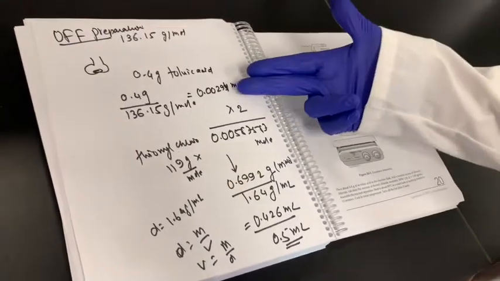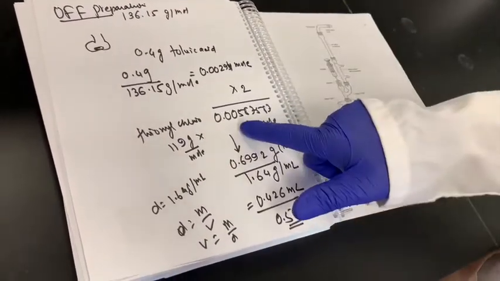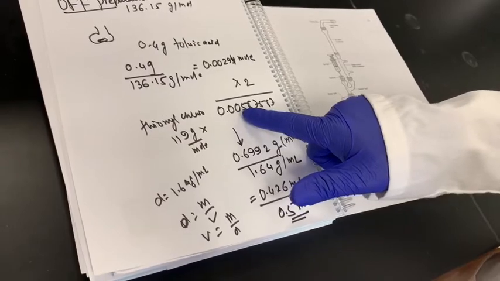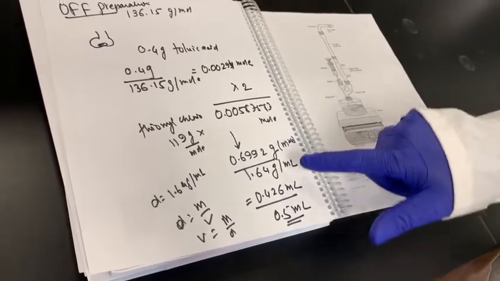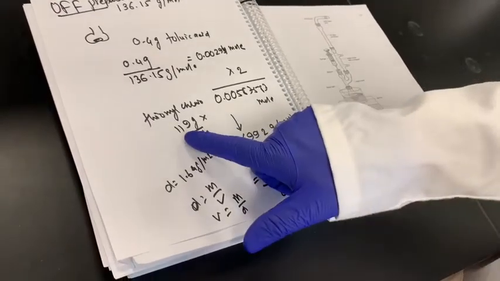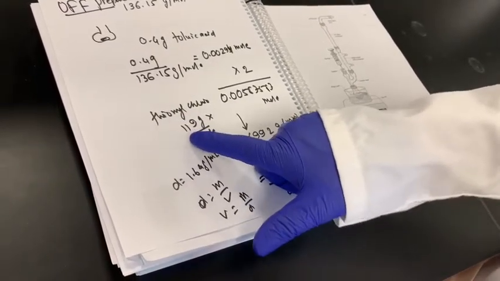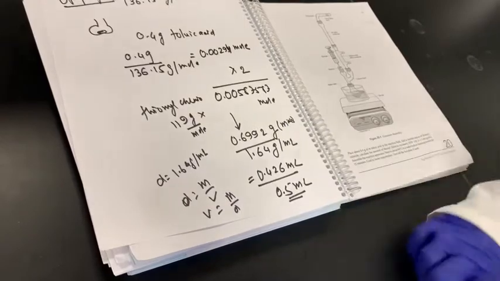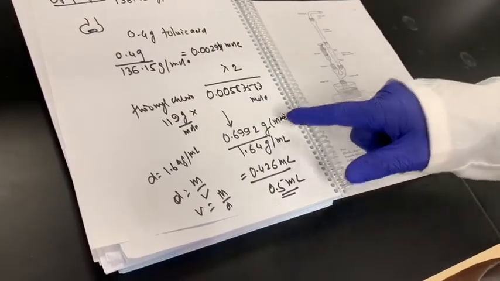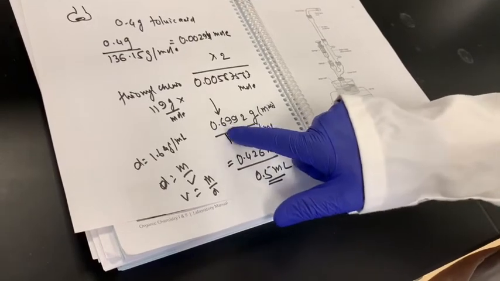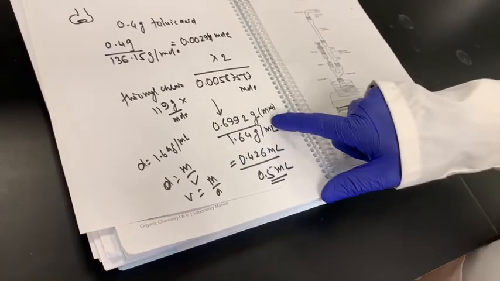Since I need almost a 2-fold excess, I will need approximately 0.0058 mole. The molecular mass of thionyl chloride is 119 gram per mole, so converting into grams, that will need 0.6992 gram of thionyl chloride.